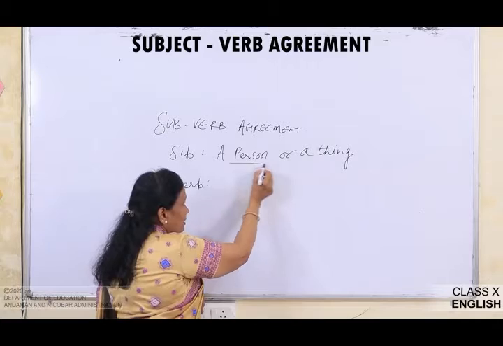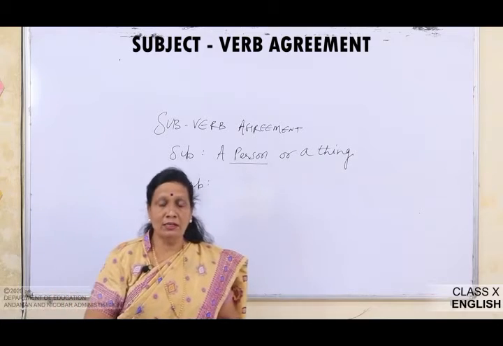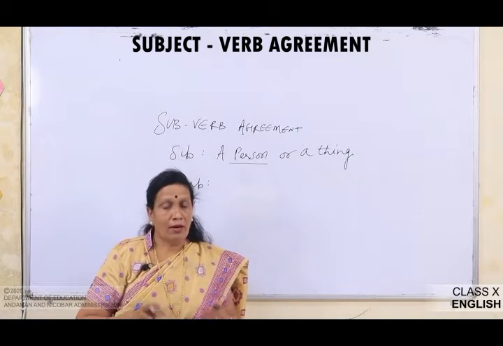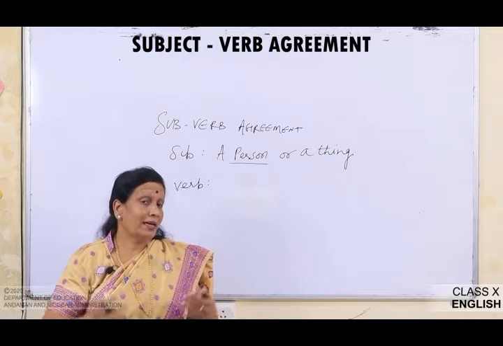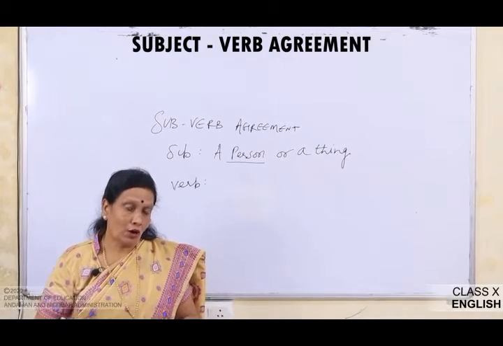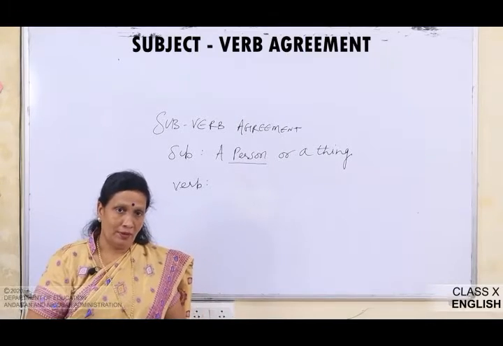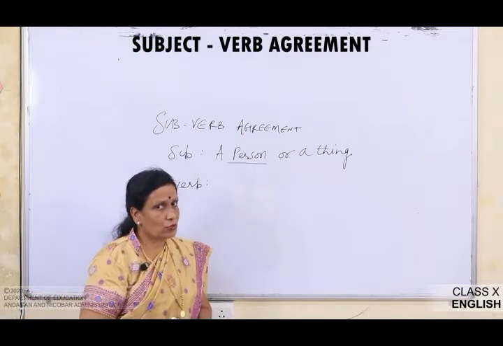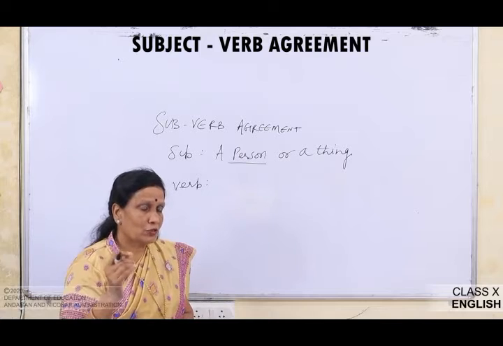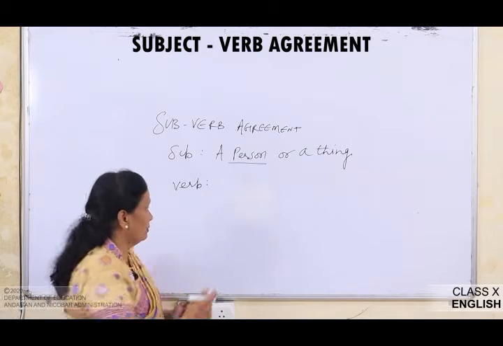A subject is a person about whom we are talking or mentioning, or anything that is being talked about or considered or shown. We will be looking into the examples and we will try to understand them better.